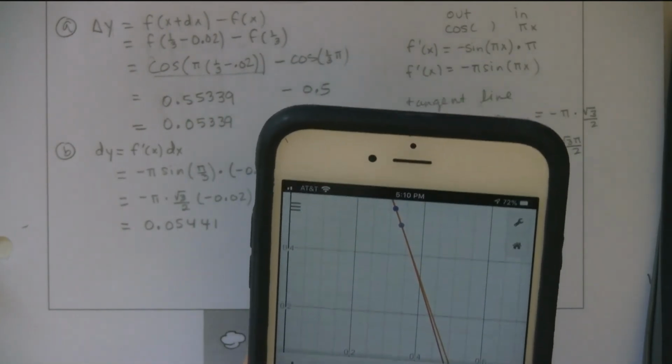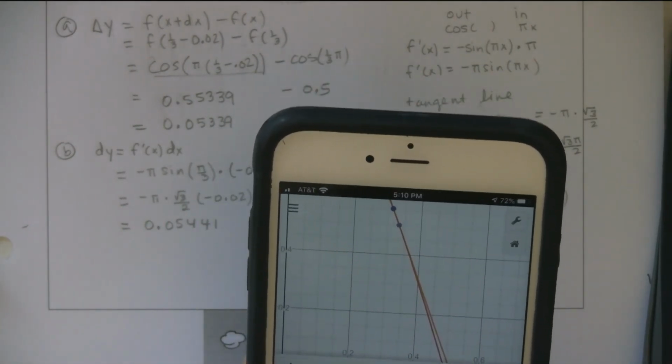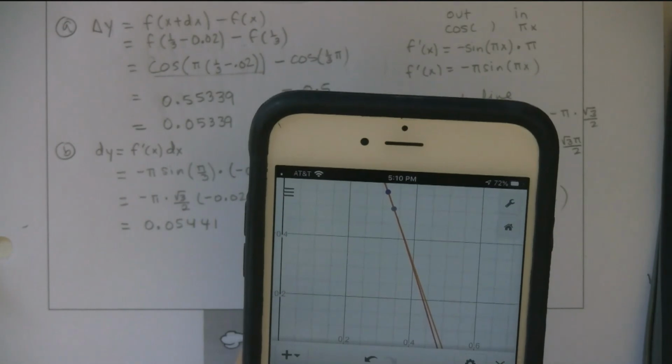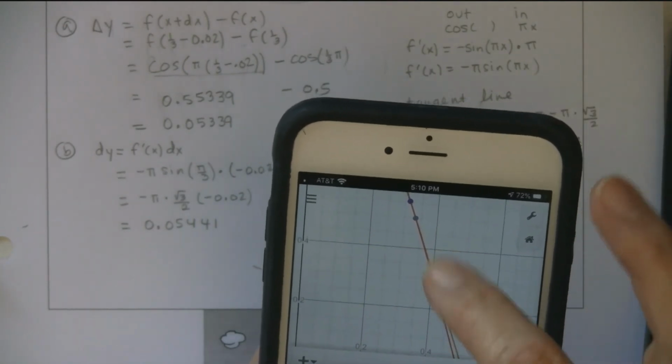Purple. And I have the estimated points.